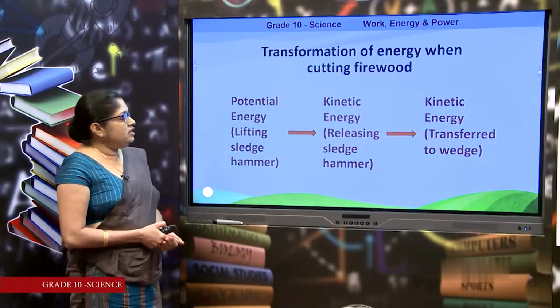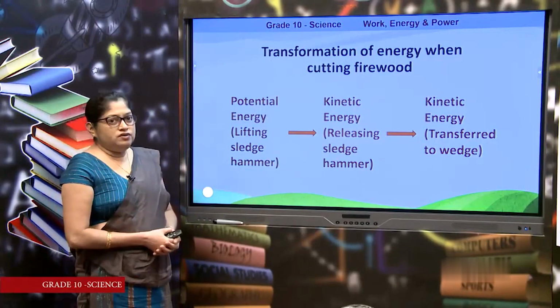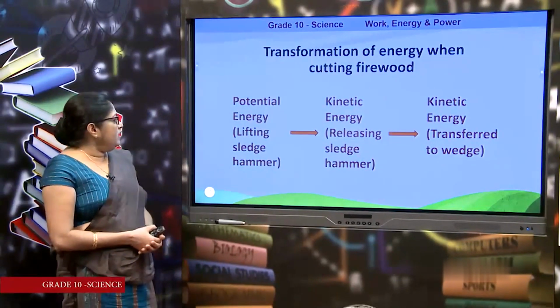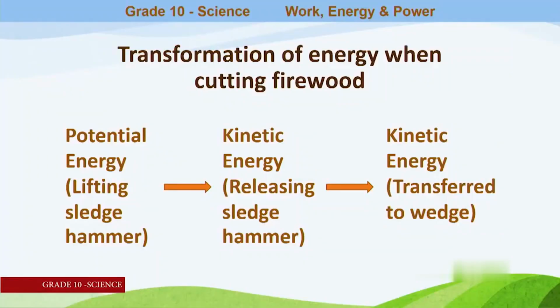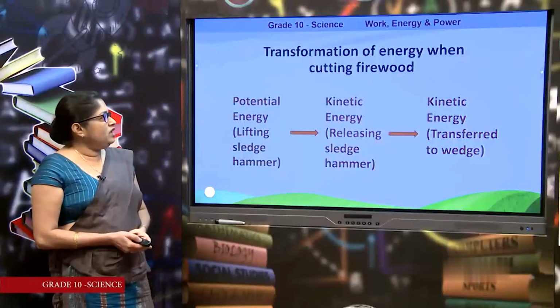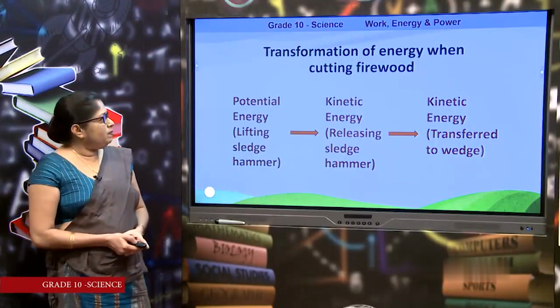So, let us see the energy transformation when cutting firewood. Potential energy when lifting the sledgehammer is converted into kinetic energy when releasing the sledgehammer, then kinetic energy is transferred to the wedge, breaking the wood into pieces. So, that is the energy transformation when cutting firewood.